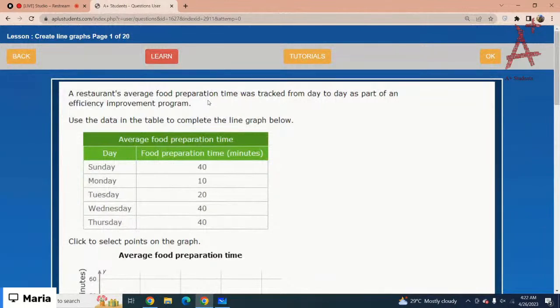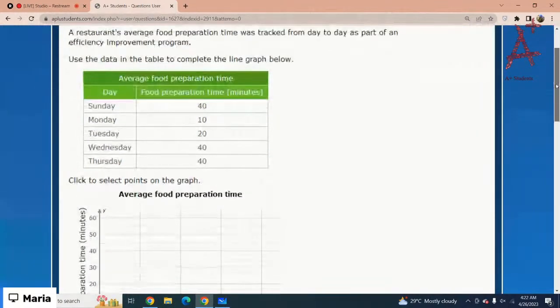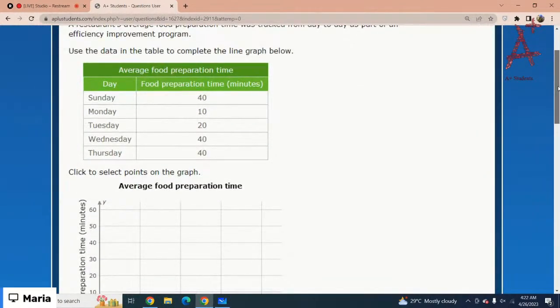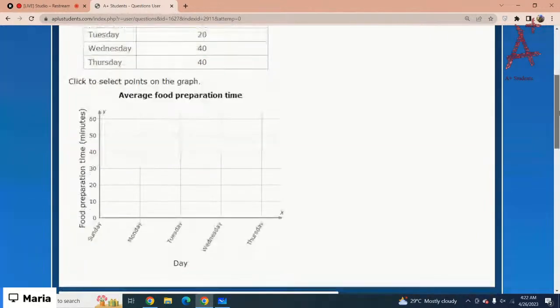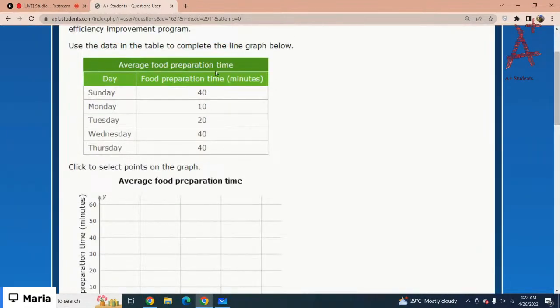Okay, a restaurant's average food preparation time was tracked from day to day as part of an efficiency improvement program. Use the data in the table to complete the line graph below. So just read the values from the table and match them to the graph. Got it? The values are 40, 10, 20, 40, 40.